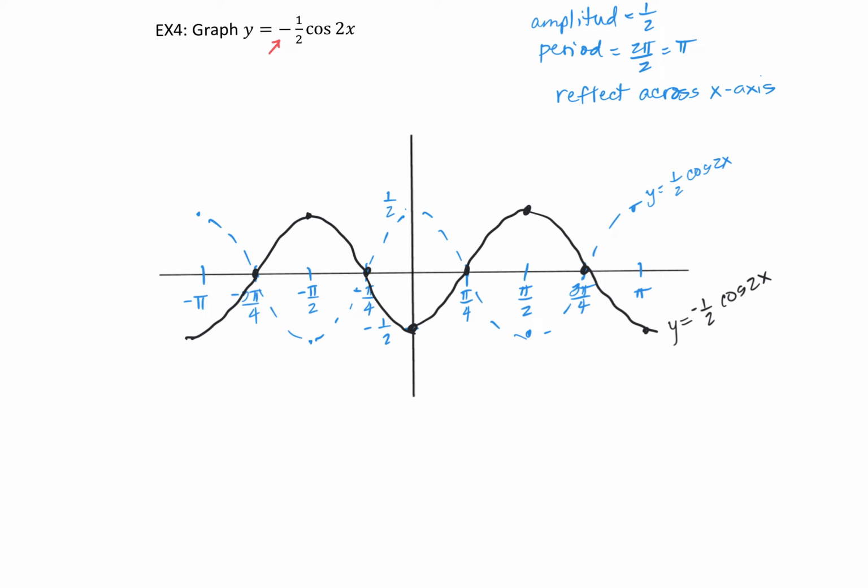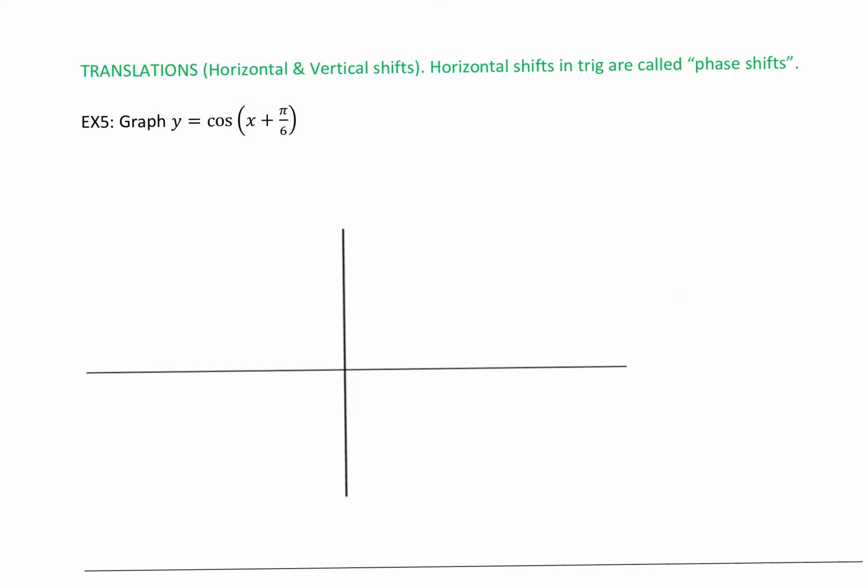When we shift left and right, that's what we call a phase shift. And these were in Math 135, shifts left, right, up, and down. These were called translations. So now we're going to look at our translations for our trig functions, which would be our horizontal and vertical shifts.